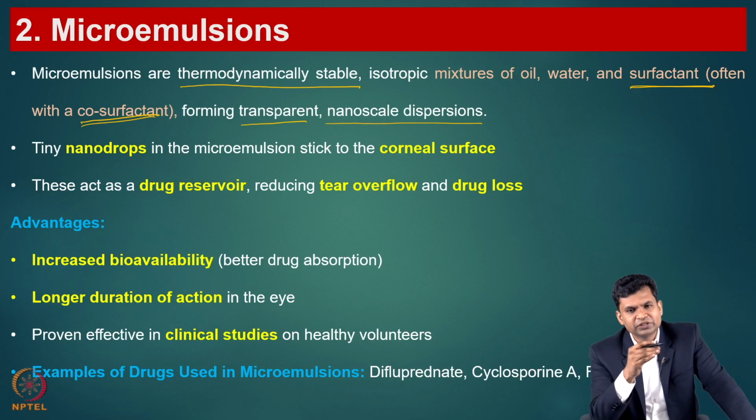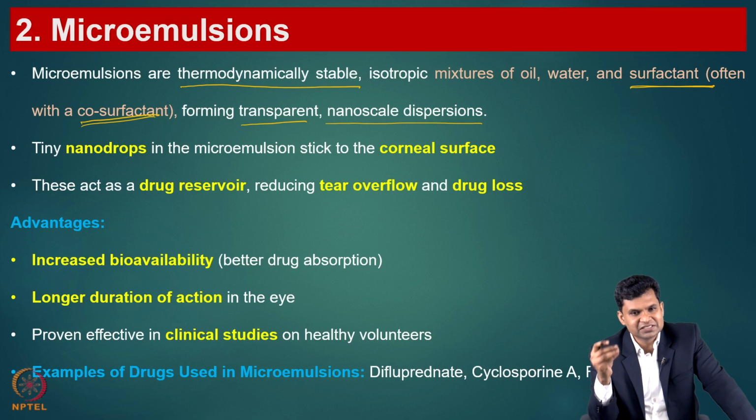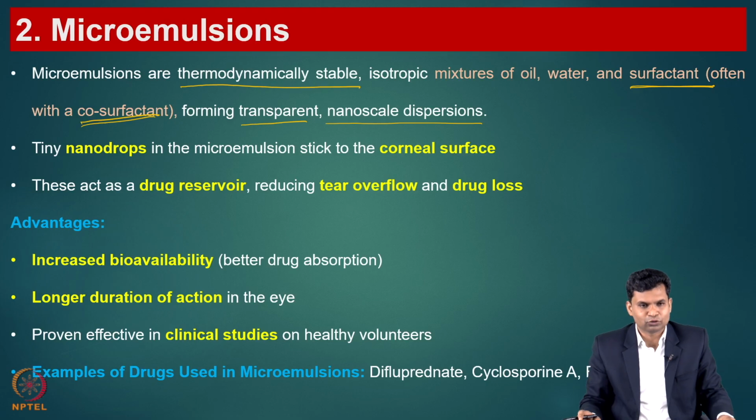Here you need not use any type of high energy to convert into nanoemulsions. These form instantly when you add the oil, water and surfactant with your drug, and it will give a size range below 100 nanometer.